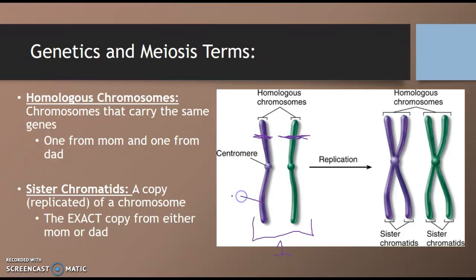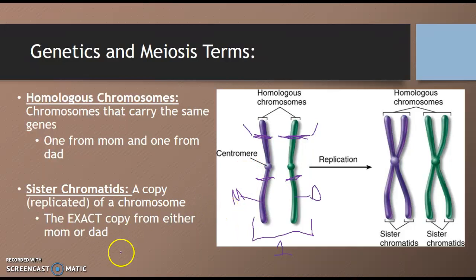Now this one you got from mom, and this one you got from dad, so they're different. This one might code for blue eyes and this one might code for brown eyes, but homologous chromosomes contain the same genes. This could be height right there.